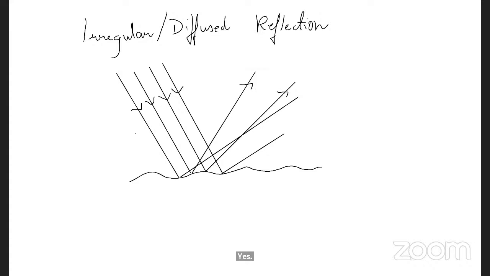But why? Because the surface is uneven. When the light reflects from a rough surface, it gets diffused. It reflects in an erratic manner, and because of this, the brightness and the reflection quality both get diminished.